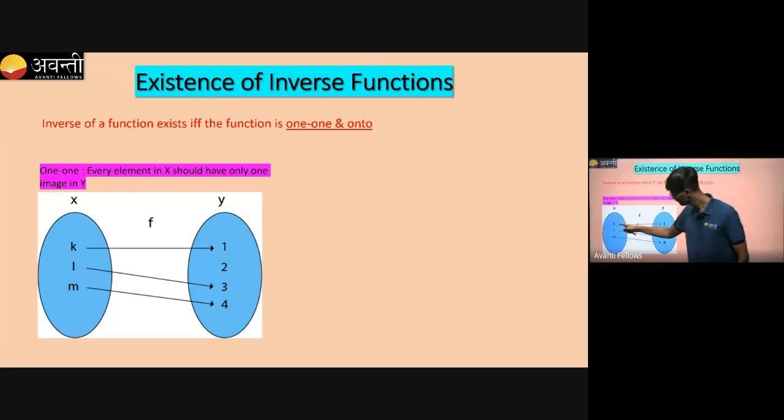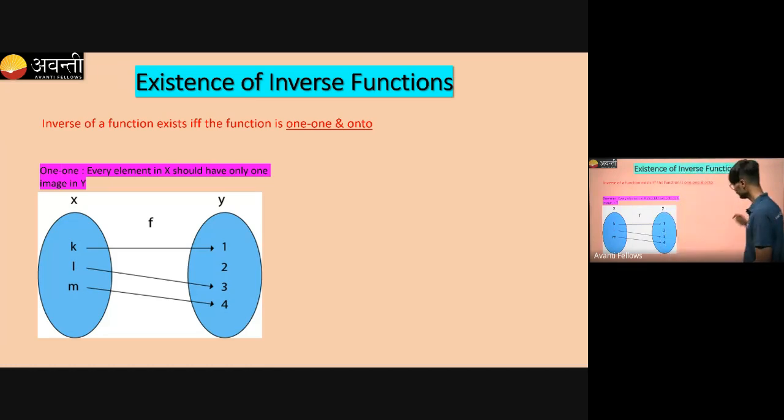So every element should have one, only one image. Here we can see k has an image of 1, l has an image of 3, and m has an image of 4. So we can see that every element in X has only one image. Such functions are called one-one functions. And what are onto functions? Let's see that also.